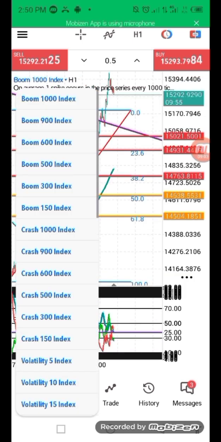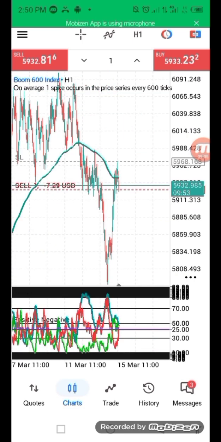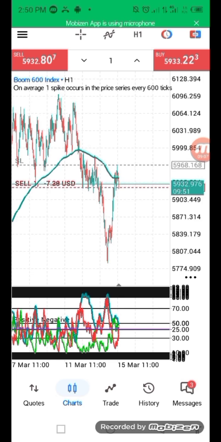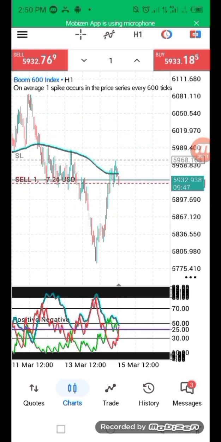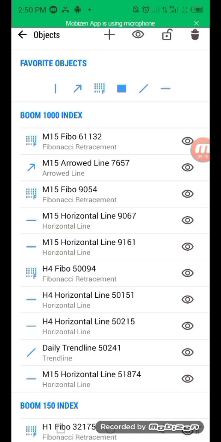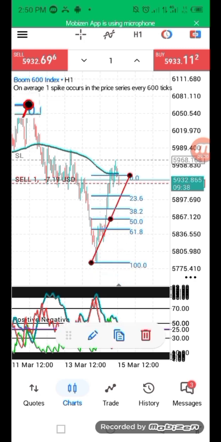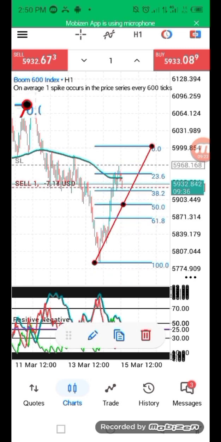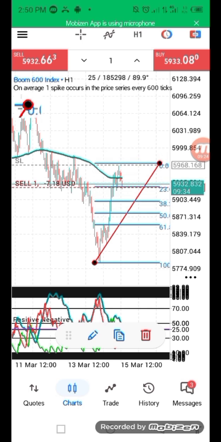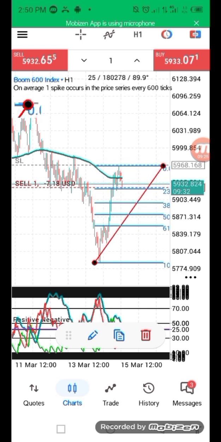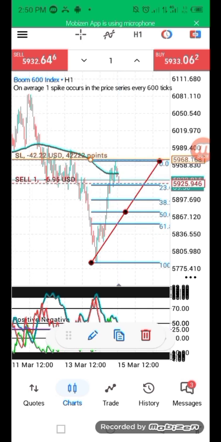Boom, 600 on H1. Let's get our TPs using the Fibonacci tools. So here I'm using a tight stop loss, and despite the fact that it is tight, it is still unbreakable.